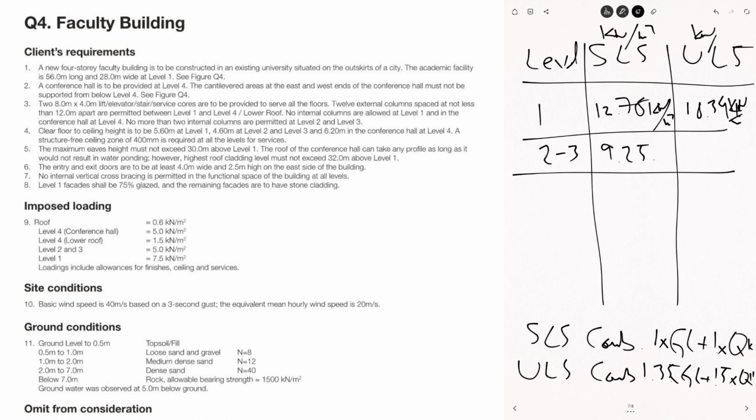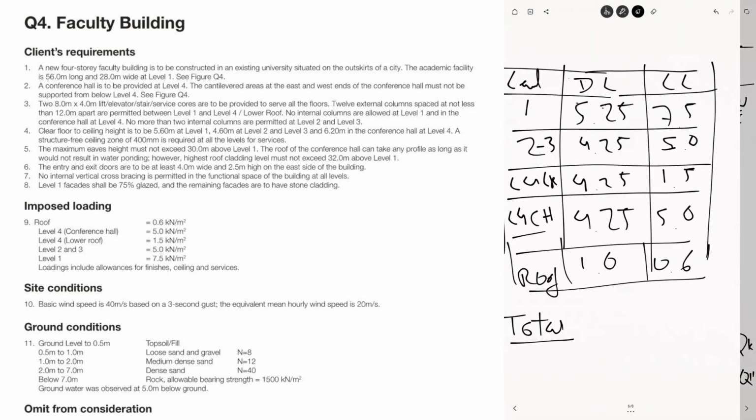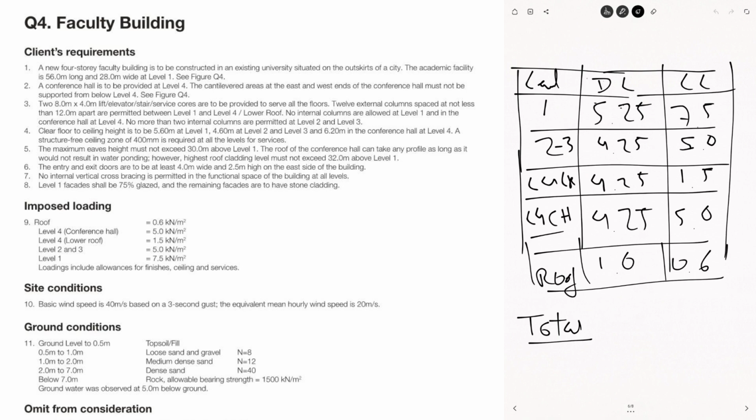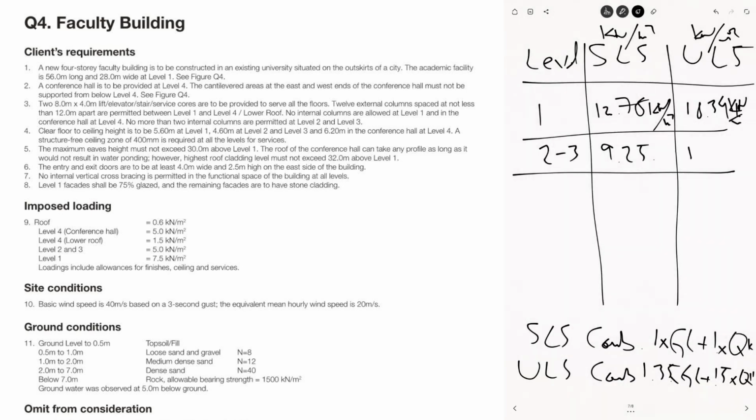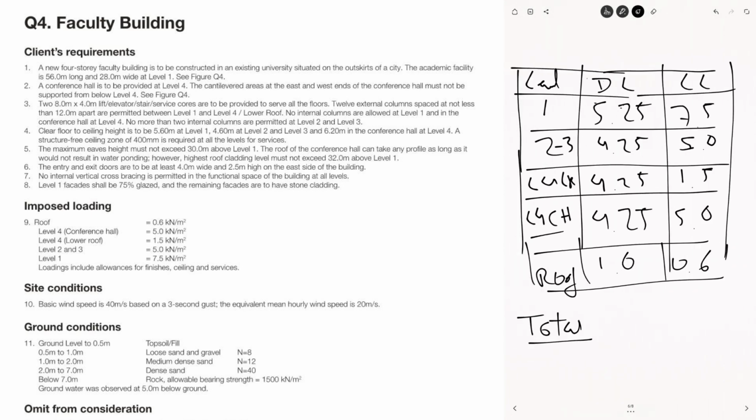And then it's 1.35 times 4.25 plus 1.5 times 5. It's 13.24.